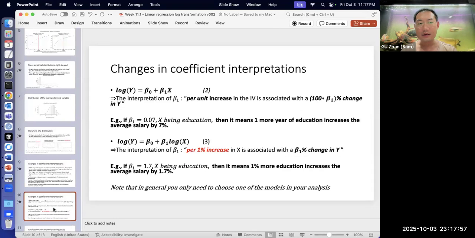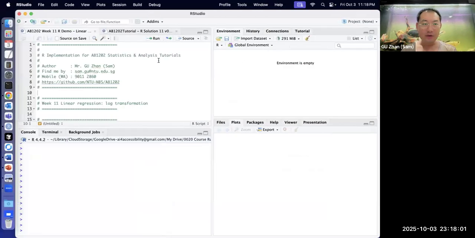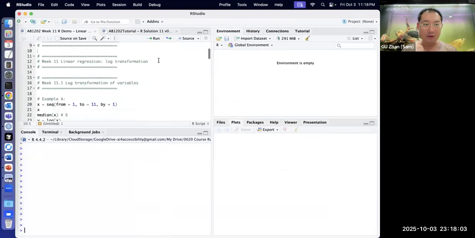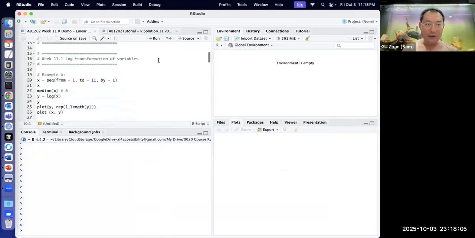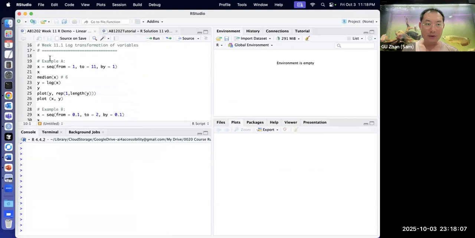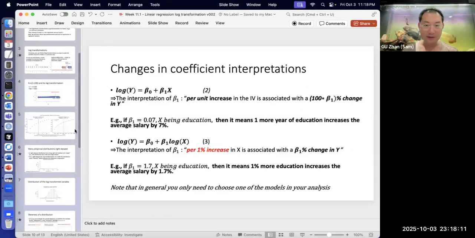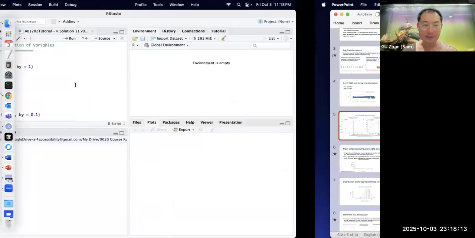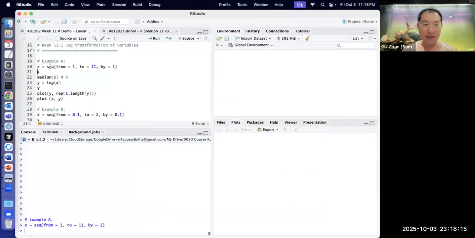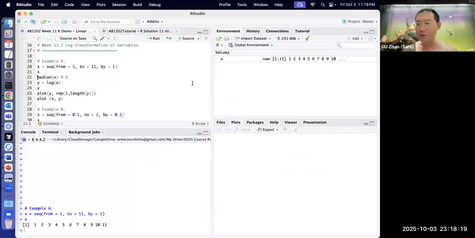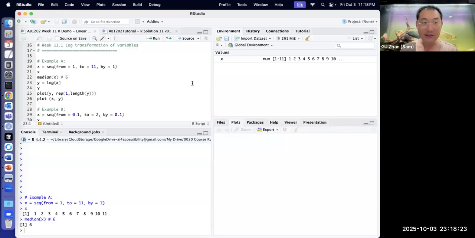Another thing you need to note before you move on. Let's have a look at the week 11 R demo. We're looking at example A, on the left side. We create an x variable from 1 to 11, and we can find the median is 6.